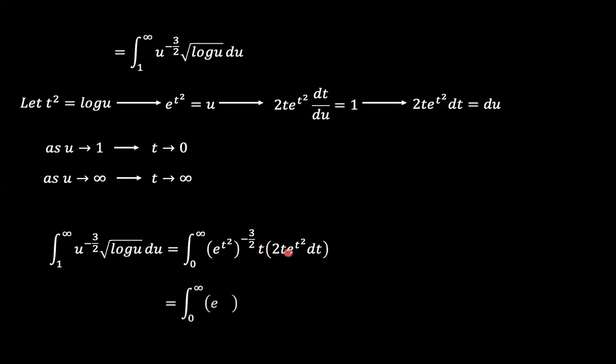And so now, consolidating the t's and consolidating the e to the power t squared is what we're going to try and focus on. When you multiply this exponent negative 3 over 2 times t squared, we have negative 3 over 2 t squared, and then we have another t squared here. So eventually we're going to be left with negative a half.